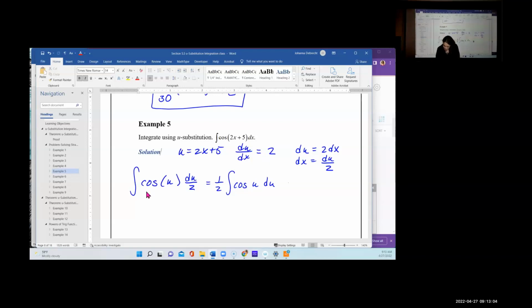So this is going to give me 1/2 the sine of u plus a constant. Now the original integral had the differential dx, so we want to return to x. And so this is going to give us 1/2 the sine of 2x plus 5, plus c.